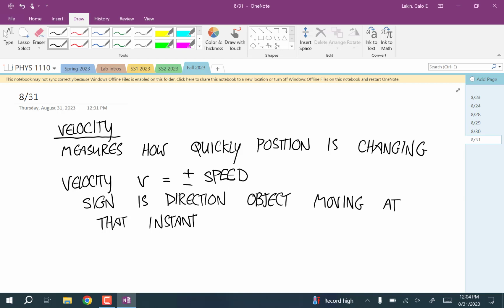There's no sign, okay? If your speedometer actually measured the velocity, then one of those two ways, it would say you're going positive 65 miles per hour. And when you go back the other direction, it would say you're going negative 65 miles per hour. So the velocity takes the speed and just adds on the sign to it that tells you the direction, okay?